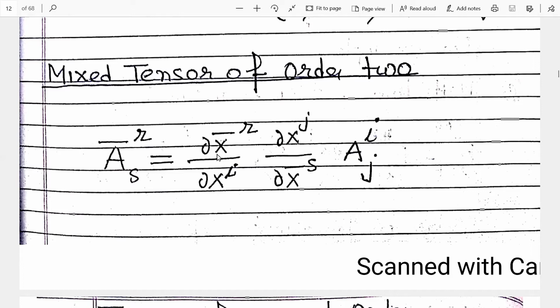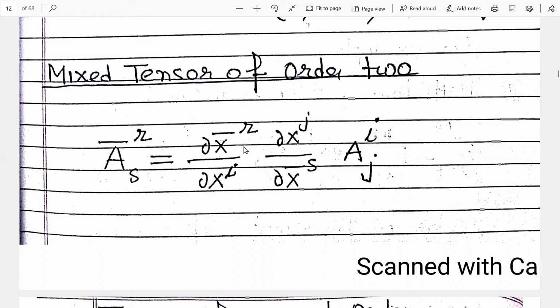So here it is curly x bar R, first we write this, and this will be at the lower part, curly x bar S. Now this R is related to i, this S is related to j.